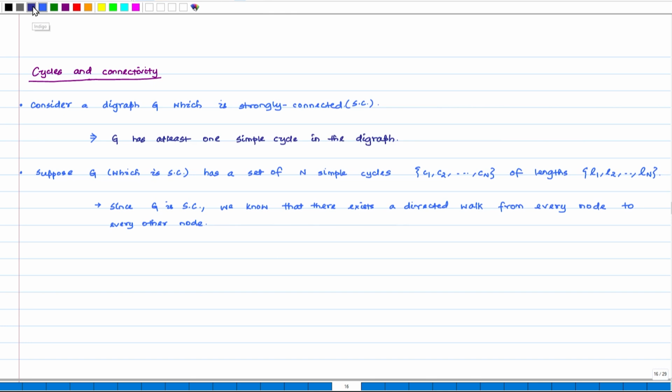Now, let us look at some examples and try constructing some walks using the cycles in the digraph.